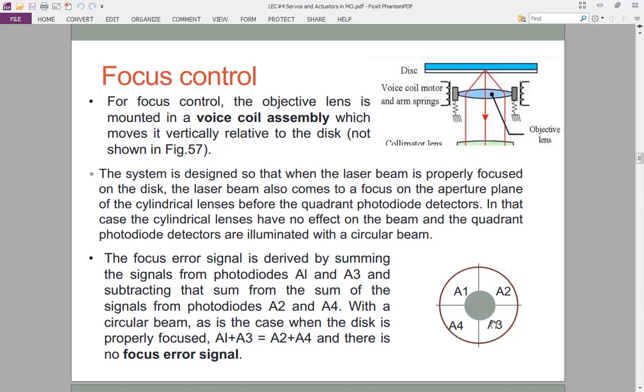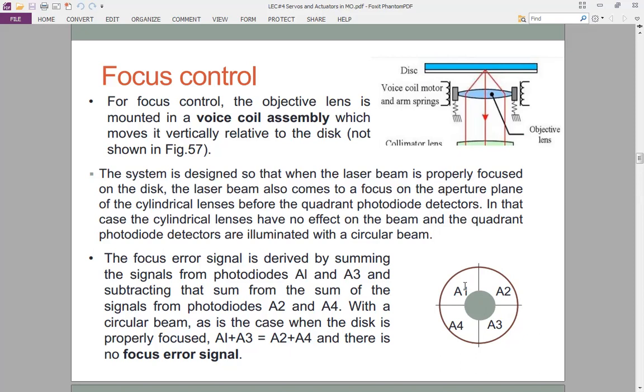We take diagonal intensities for a simple reason: if the disk happens to have moved slightly away from the objective lens, then the photodiode will not record a spot at the center. Instead, it will show an ellipse.